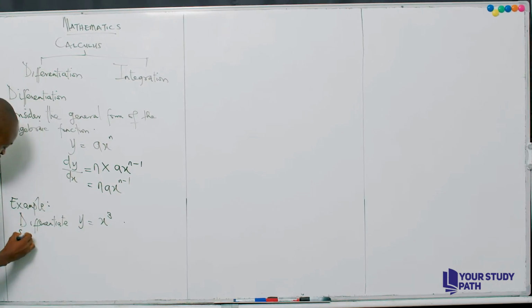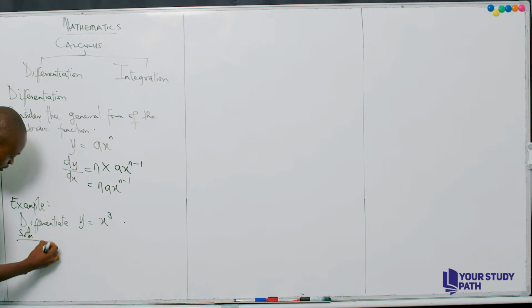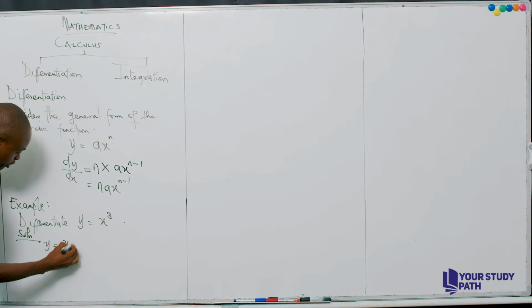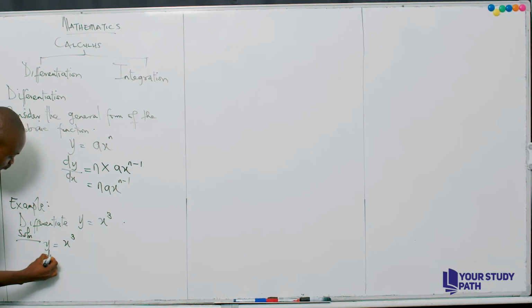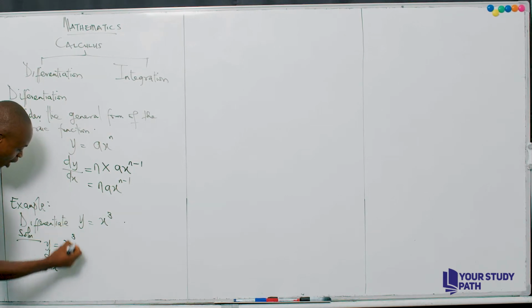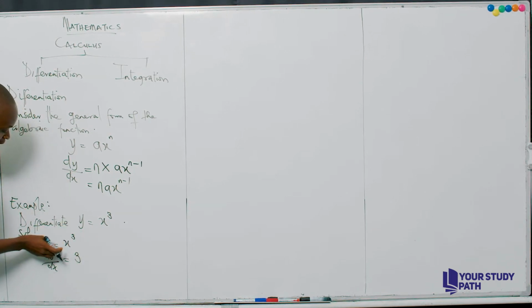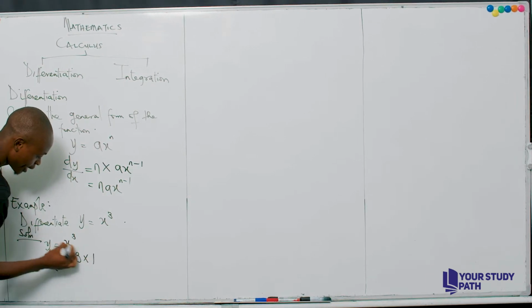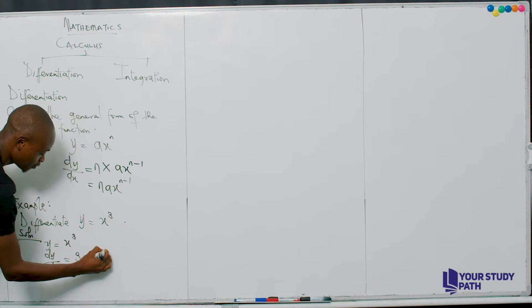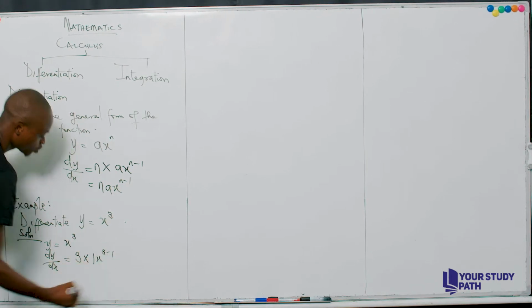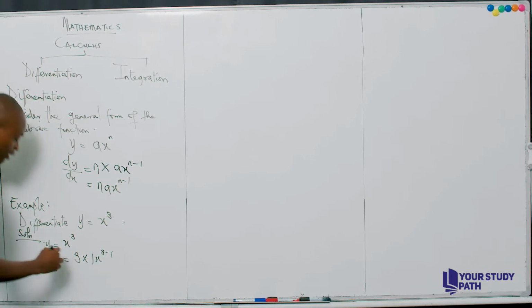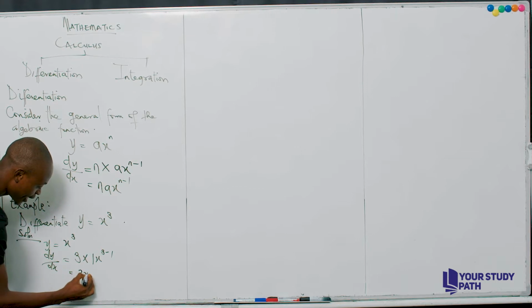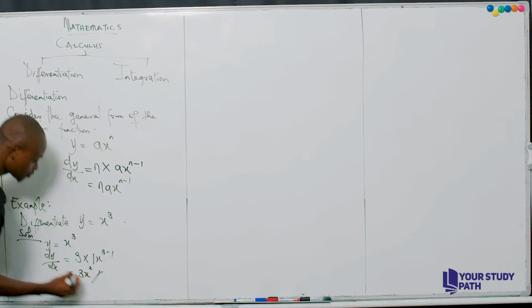All we simply have to do is, since y is equal to x raised to the power 3, then the differential of y with respect to x will simply be take the power, multiply the coefficient, which is 1 obviously, x raised to the power of 3, then minus 1. That's all. And then we'll have this to be 3x raised to the power of 2.